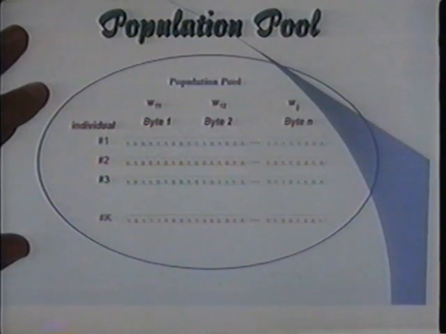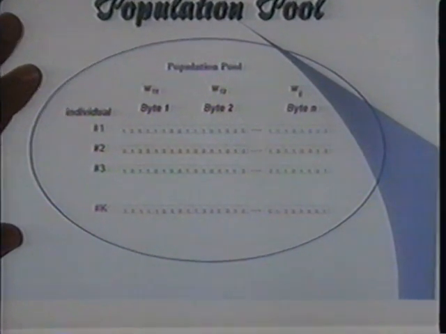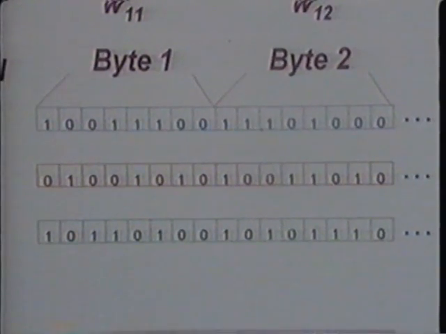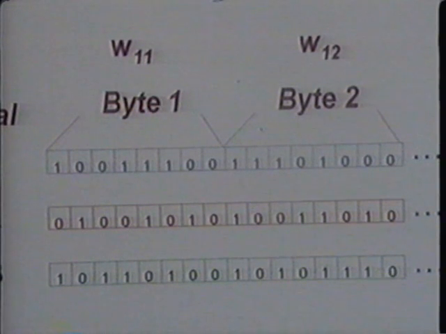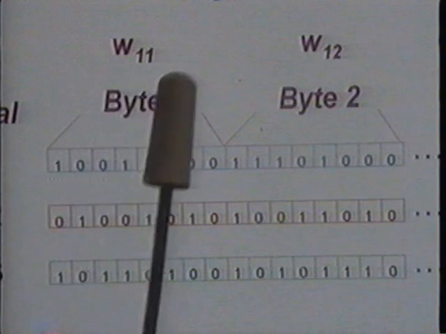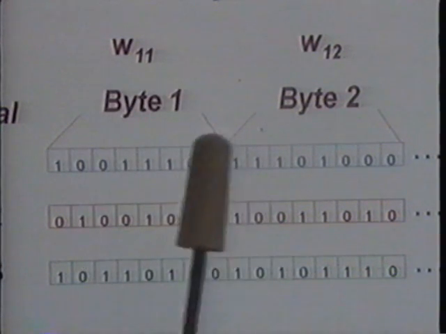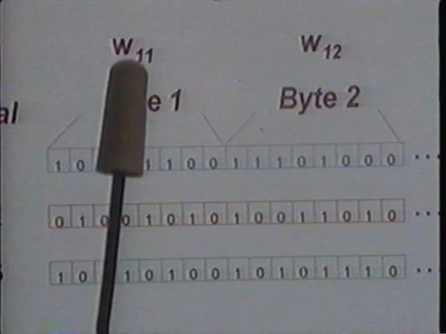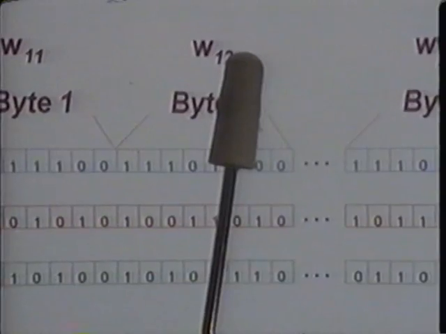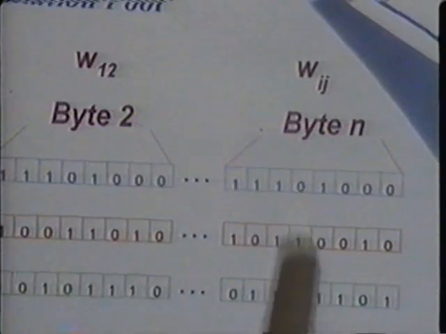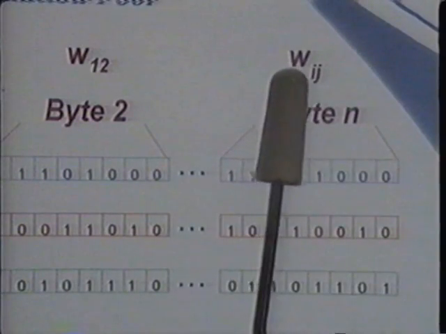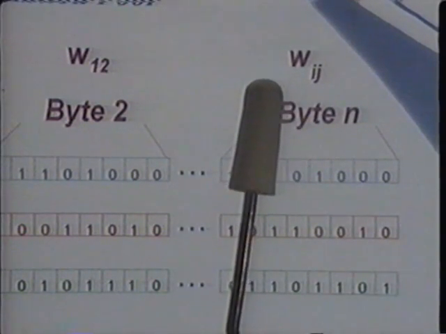Now let's zoom into the individual and see what we have here. An individual is divided into bytes, and each byte would be a weight. Like this byte here would be the weight W11 maybe. The next byte would be the weight W12, and so on and so forth, until the last byte will be weight Wij, which is probably the last weight you have in the neural network.